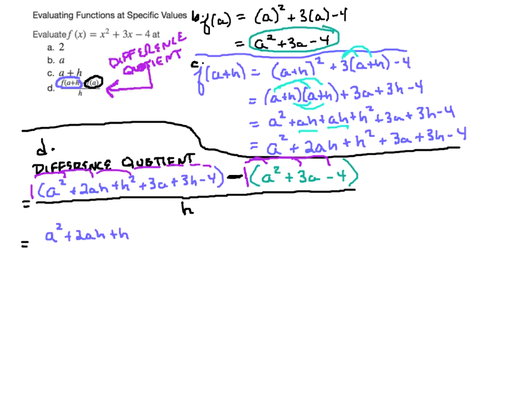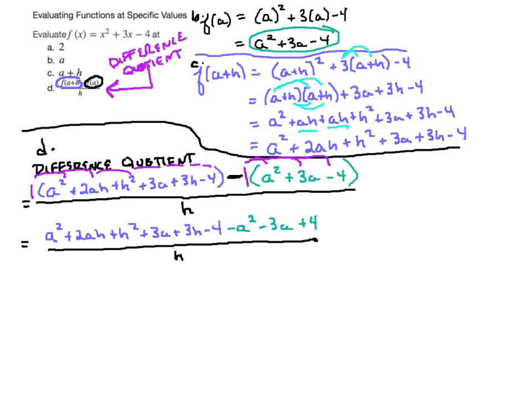A squared plus 2ah plus h squared plus 3a plus 3h minus 4. And now I have negative a squared, negative 3a plus 4. And that's all divided by h.